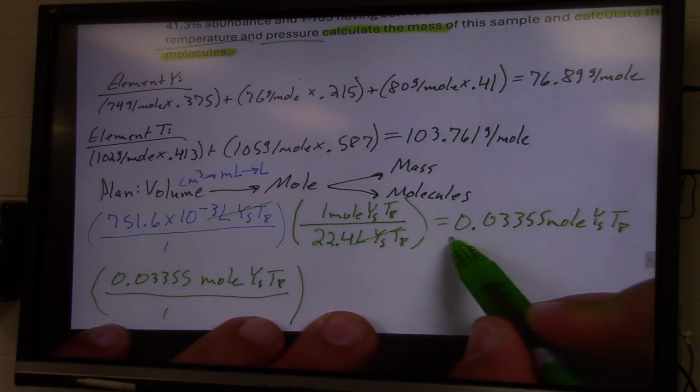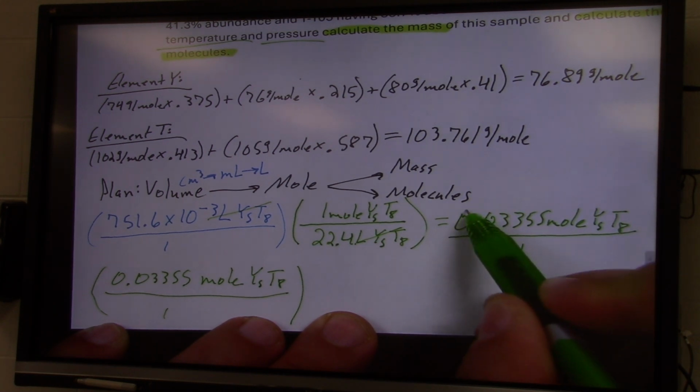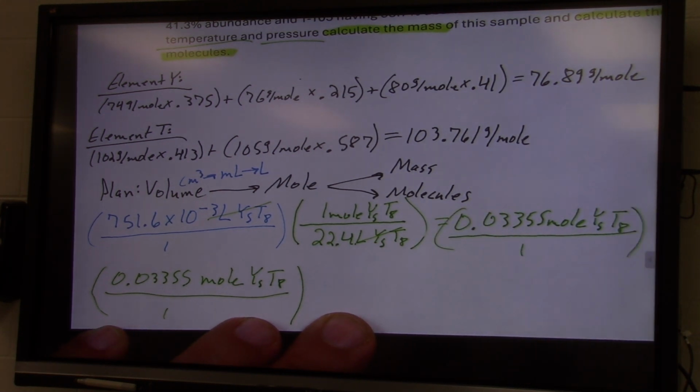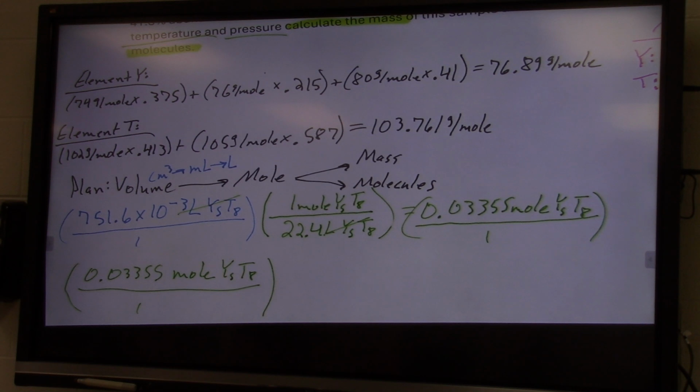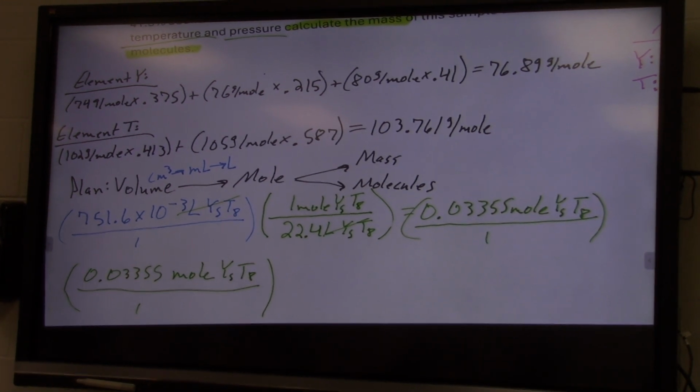It's like I'm just setting up a new problem. You can choose to go to mass on the top, mass on the bottom, molecules on top, molecules on the bottom, it doesn't matter. You're starting with the same number. What matters is we set this up right.